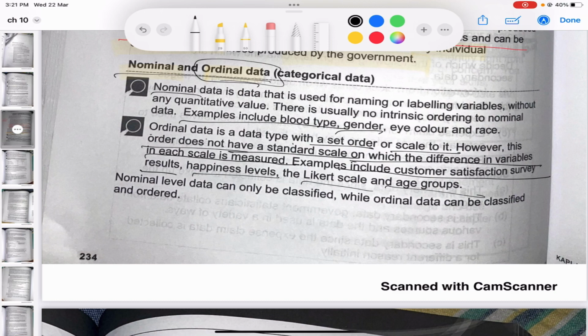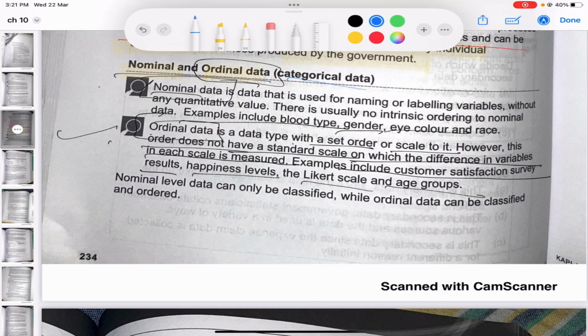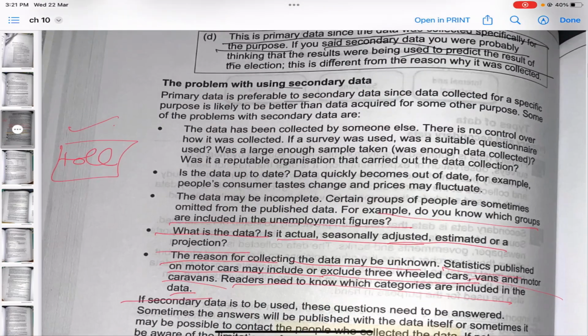It's not quantified in numbers. We just have various categories. Eye color: blue, green, black, gray. You can't quantify it again. So if you can quantify data, that comes in ordinal data. If you cannot quantify data, that comes in nominal data. Hope you understood. So that is the categorical data.